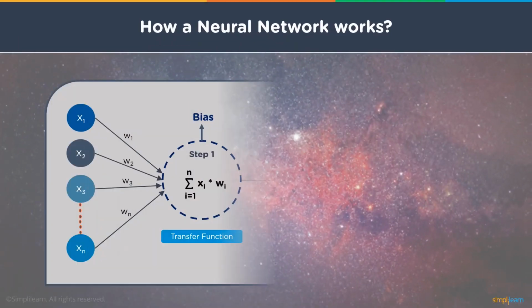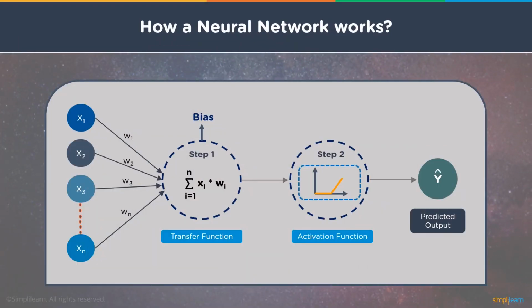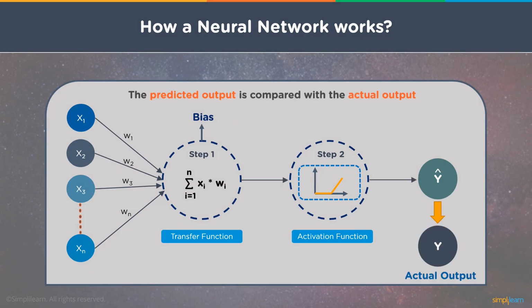So we look at, here we go, walking back through this diagram and taking a closer look at it. We have the predicted output is compared with the actual output. So once you go through the step and it adds everything together in there, and these are your weights, they're just multiples. So you have feature x1 times weight 1 plus feature x2 times weight 2, and so on, plus the weight times the bias.